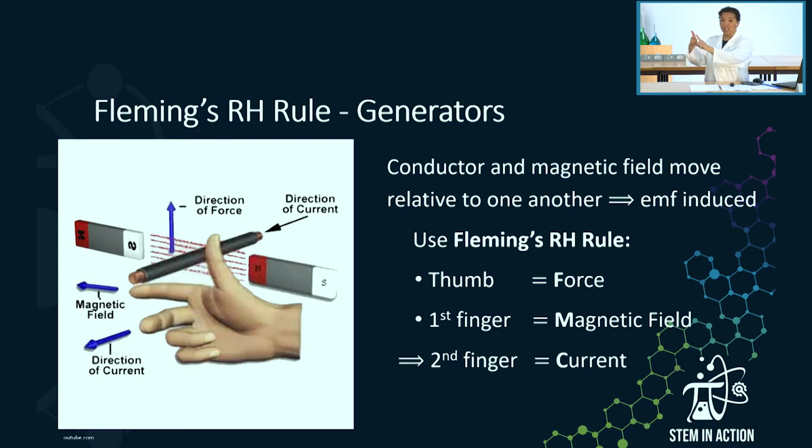And my first finger gives me the direction of the magnetic field from north to south. My second finger will be the direction of the induced EMF or the current that is being generated by this device. So we use Fleming's right-hand rule, there's the orientation, and that's a reminder. Father, mother, and child. Force or rotation, magnetic field, and current, and they're all at right angles to each other.